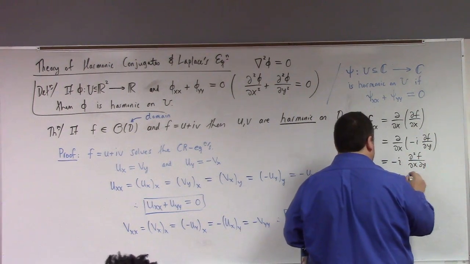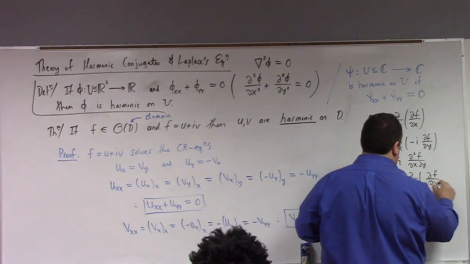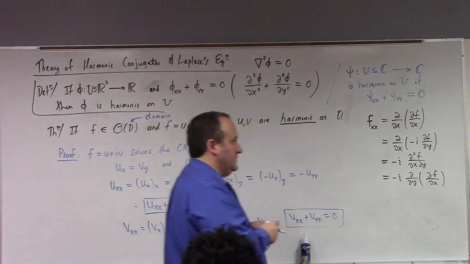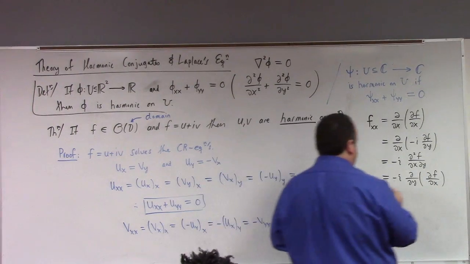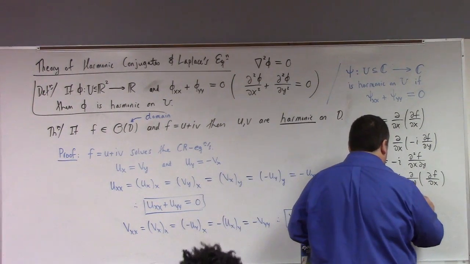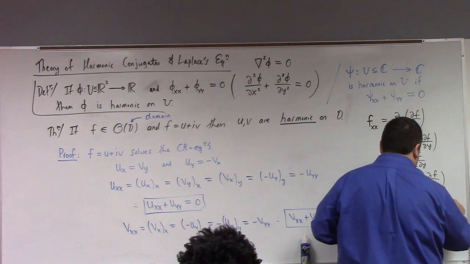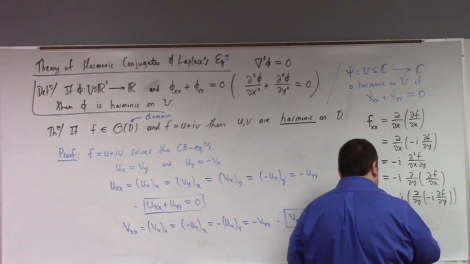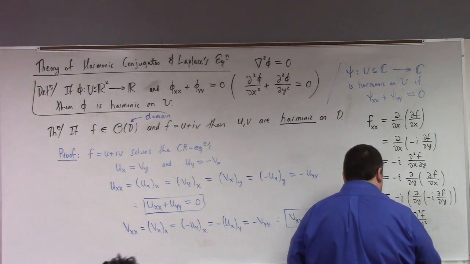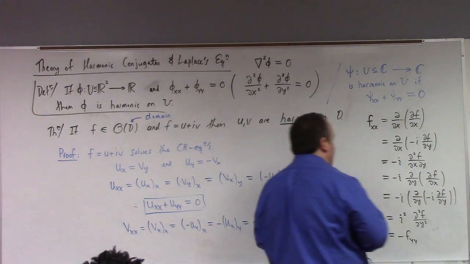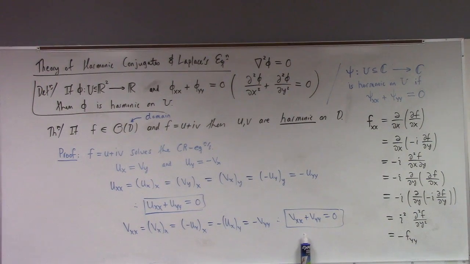Commute your derivatives, and use the Cauchy-Riemann equation again, which is i squared partial squared f partial y squared, right? Which is minus fyy. Therefore, fxx plus fyy is equal to 0.